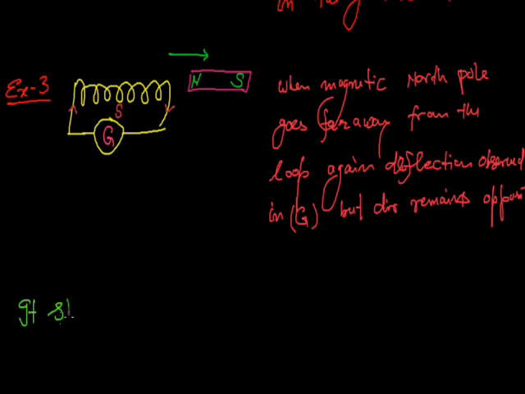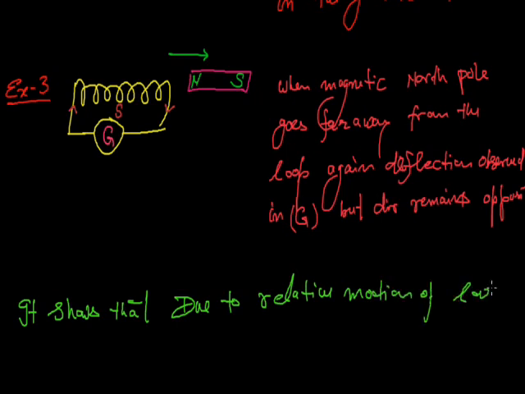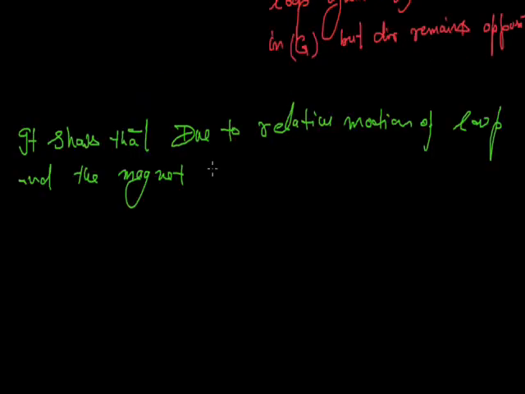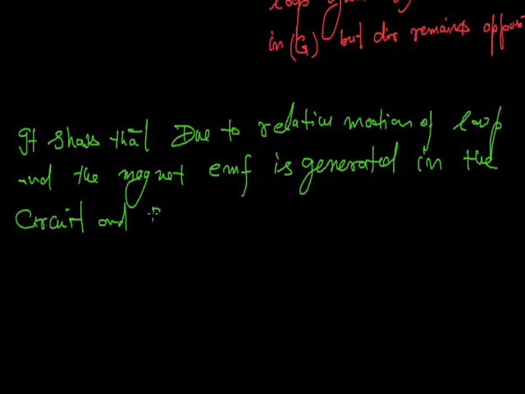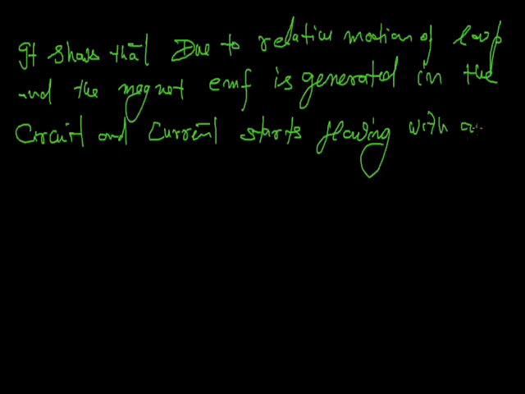It shows that due to relative motion of the loop and the magnet, EMF is generated in the circuit and current starts flowing without any source.